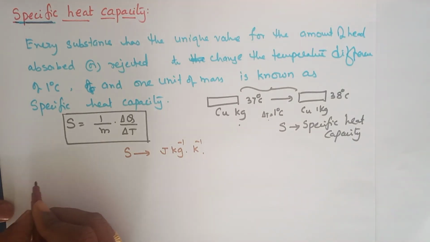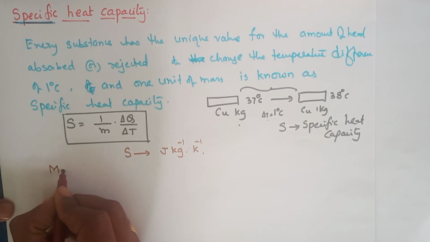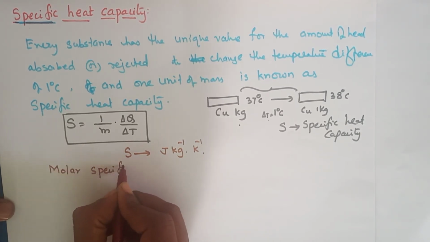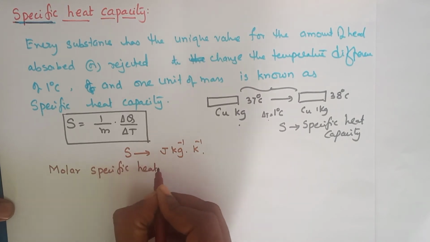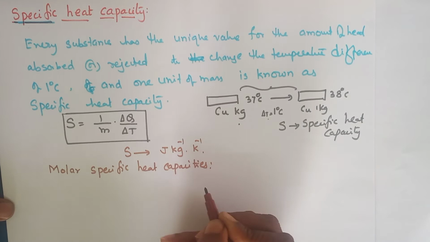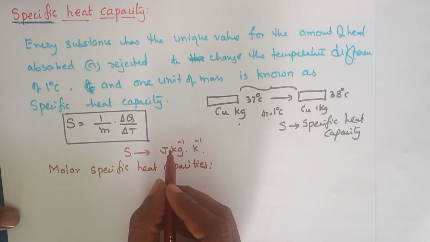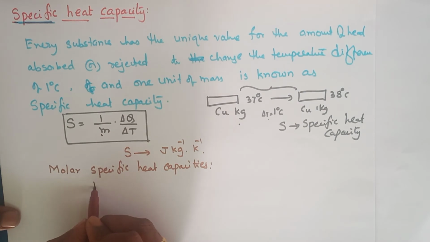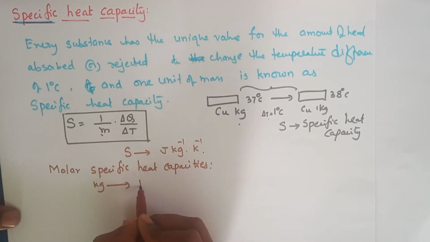Now what is meant by molar specific heat capacity? Simply, instead of 1 kg you use 1 mole.